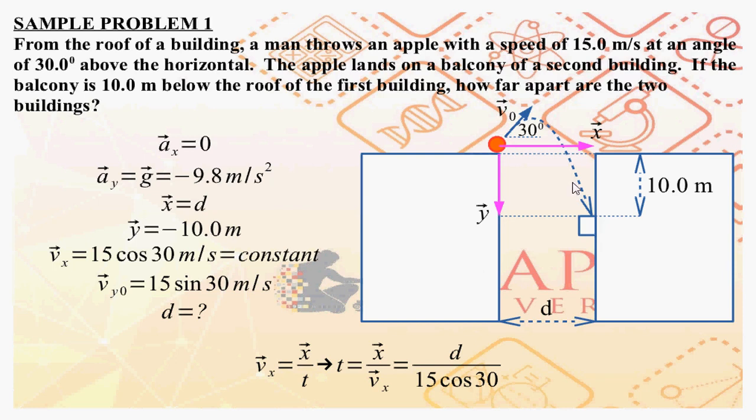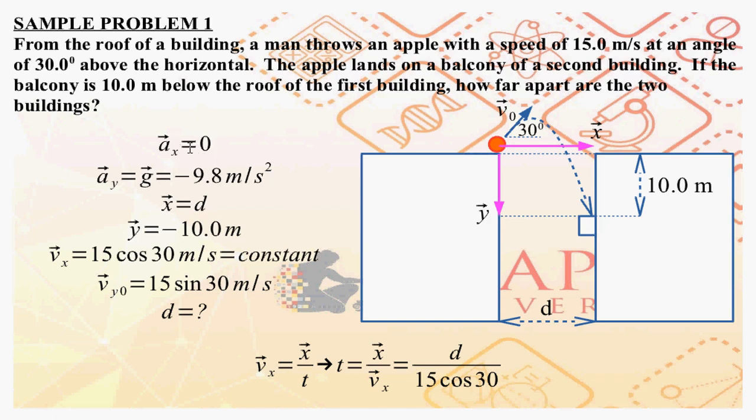The object, the apple, has been thrown diagonally upwards. The object will undergo projectile motion, so divide the variables of the motion of the object into x and y component. The acceleration on the x component is 0 because projectile motion along the x component is uniform motion.